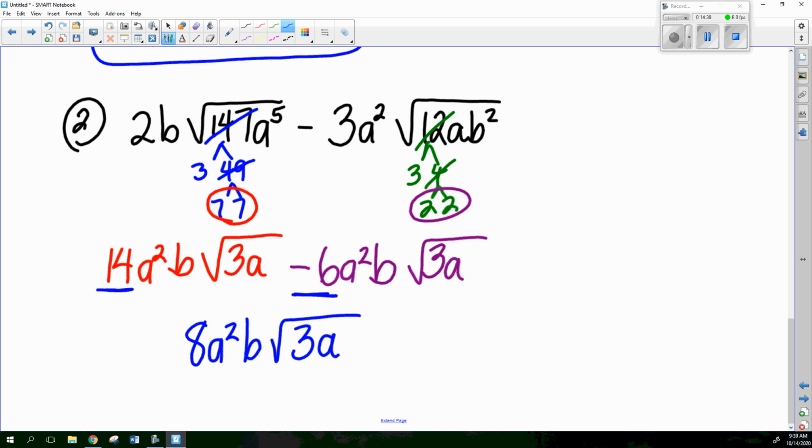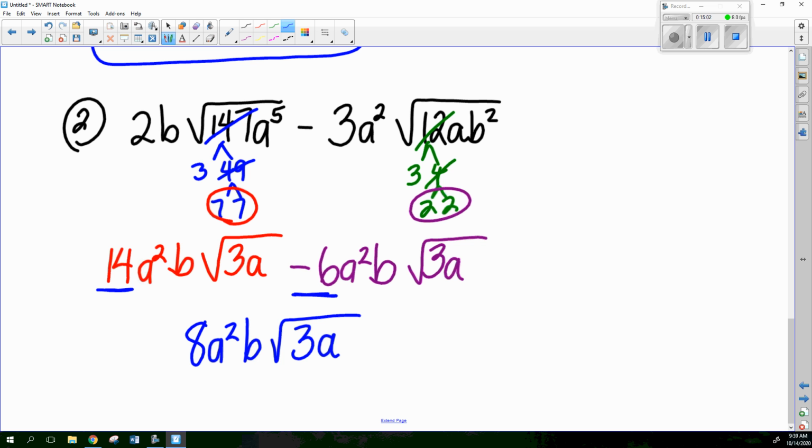Done. Questions on adding and subtracting? So the key to those is simplify first, look for like terms, but you only add or subtract the coefficients. Questions?